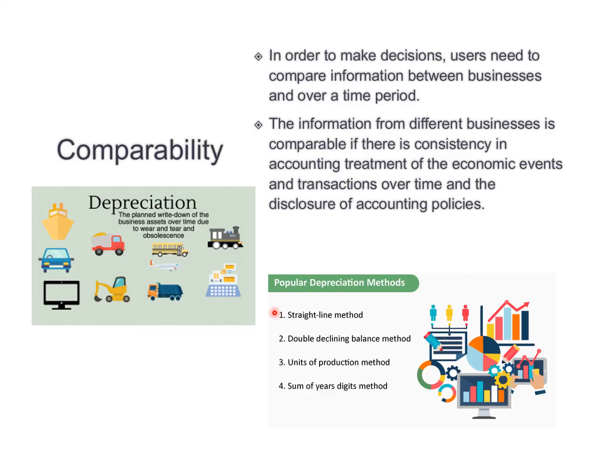So, dekat sini. And then, kalau bisnes tu guna straight line method untuk tahun pertama, tahun kedua, dia kena guna straight line juga. Kalau let's say tahun kedua, dia guna double declining balance. If dia guna cara ini, dia dah tak konsisten dengan tahun pertama. Right. So, bila dia tak consistent, dia tak boleh compare.